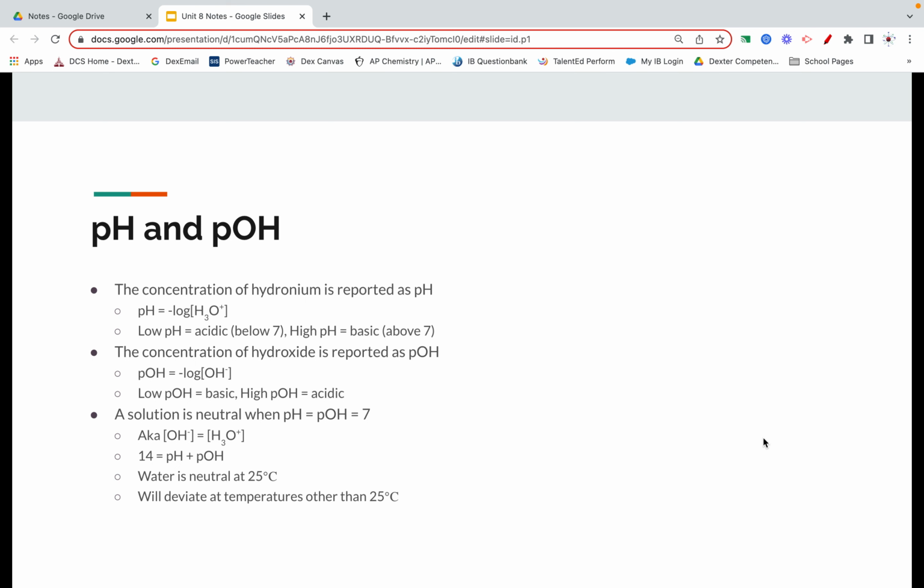We find it exactly the same way, but using hydroxide. Low pOH is basic, high pOH is acidic. When it's neutral, pH is equal to 7, and pOH is also equal to 7. We can also look at the fact that 14 is equal to pH plus pOH, so we can always use those to find each other.